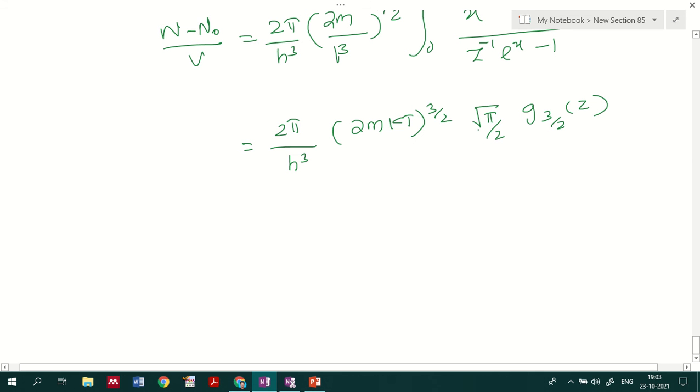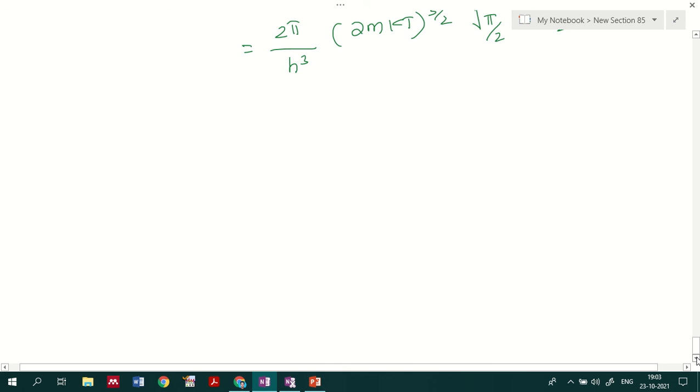So the above representation becomes (n minus n0) by V equal to g 3 by 2 of z divided by, lambda cube will be the remaining.